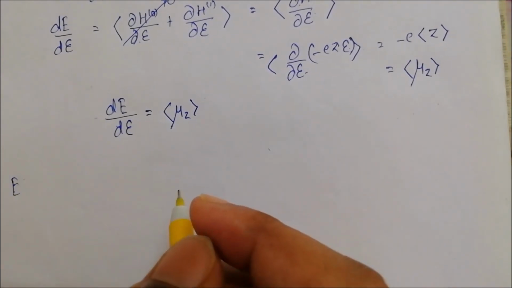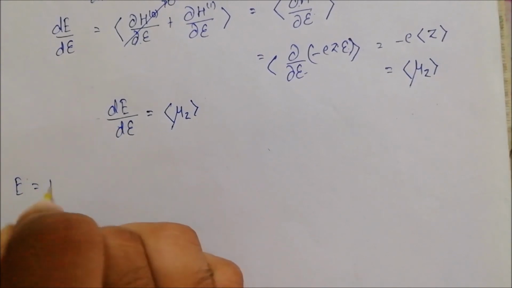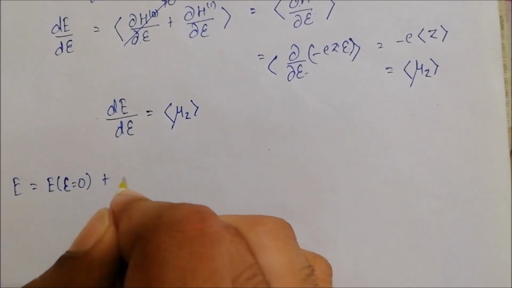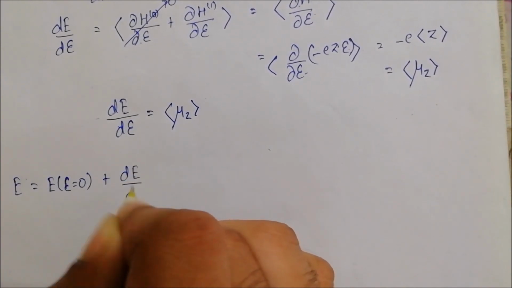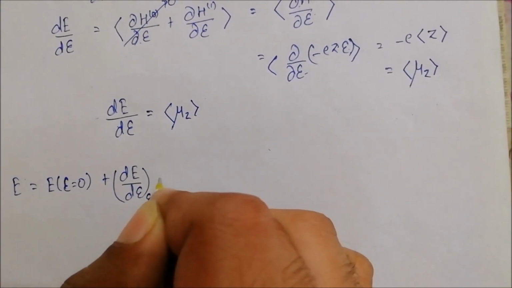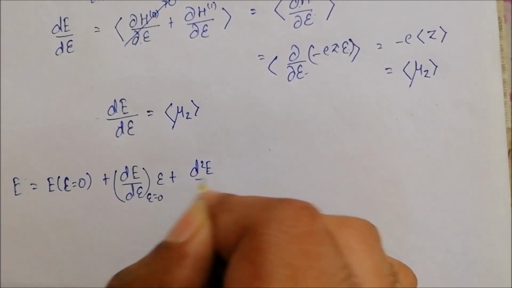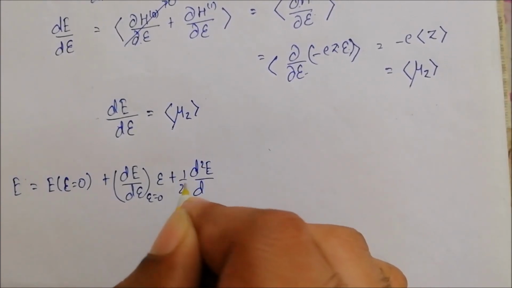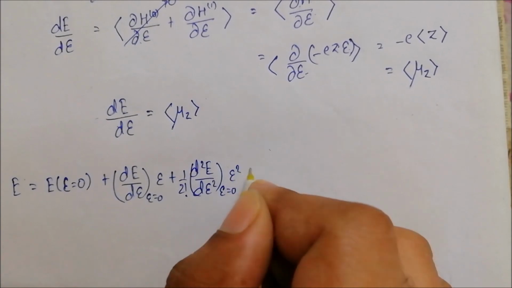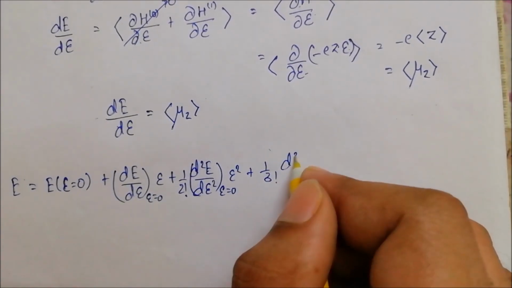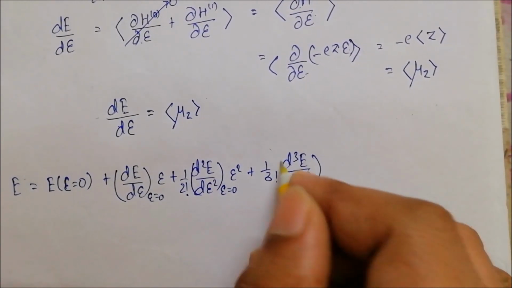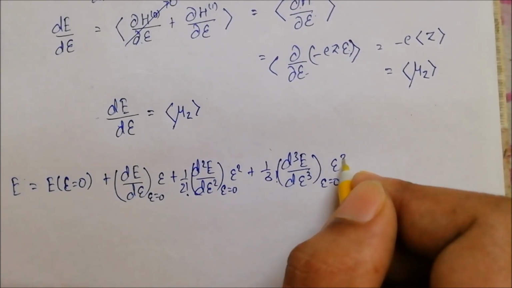So our energy is the energy when electric field is 0 plus the derivative of energy with respect to the electric field, evaluated at E equal to 0, multiplied by the field, plus second order, there will be 1 by 2 factorial del squared E by del E squared at E equal to 0 times E squared, plus 1 by 3 factorial del cubed E by del E cubed at E equal to 0 times E cubed, and so on.